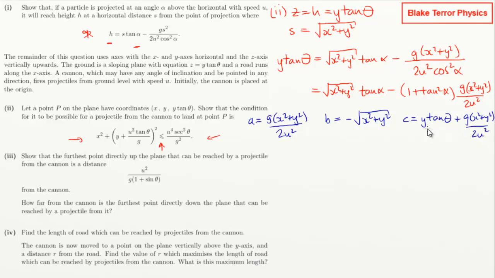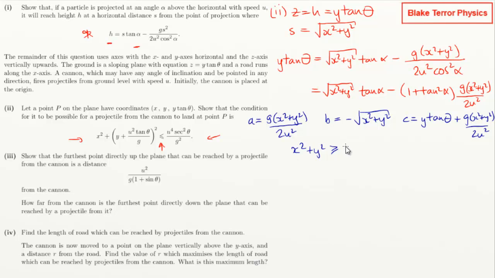Okay, so if we're going to get this to solve, we need b squared minus 4ac to be greater than or equal to 0. So I'm going to need my b squared, x squared plus y squared, to be greater than or equal to the 4ac.